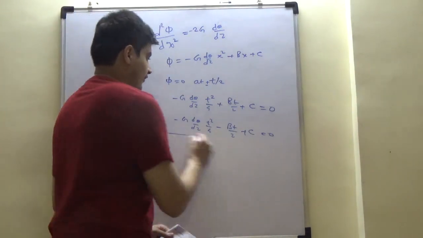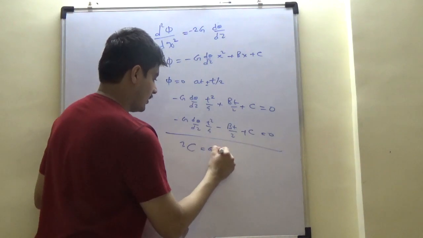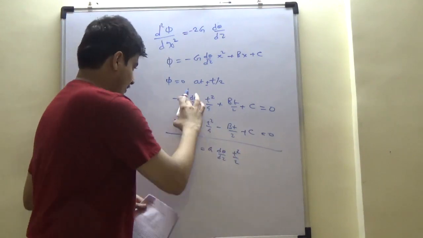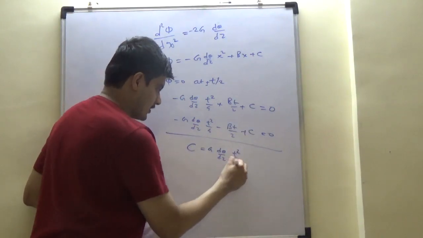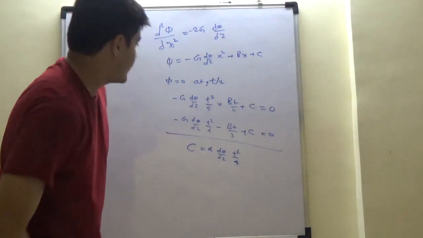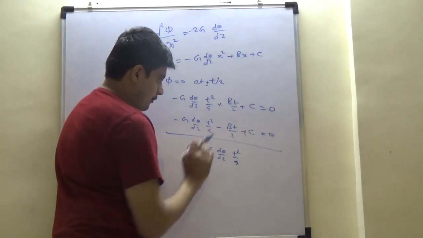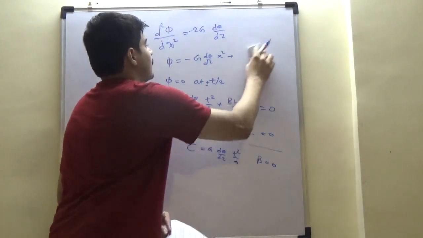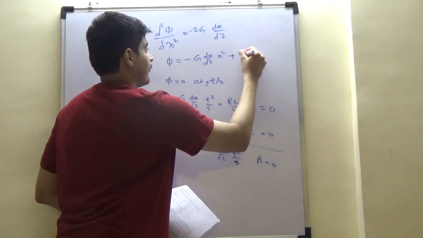If I add them, 2c is equal to G d theta by dz t square upon 2. This is going to give me t square upon 2 on the right side. So c is simply this, and if c is getting added, b has to be 0, which means there is only square variation plus a constant.